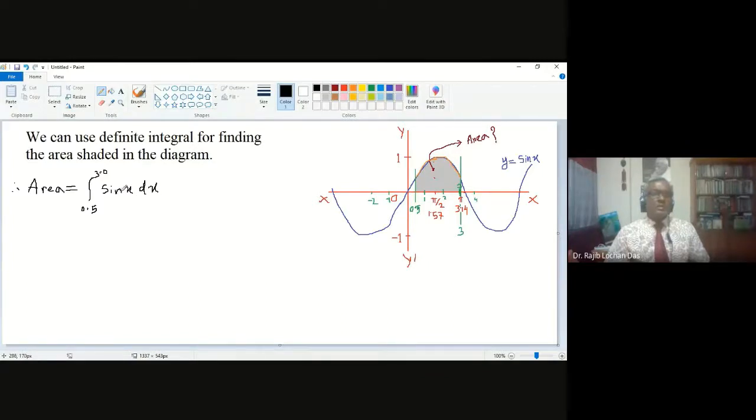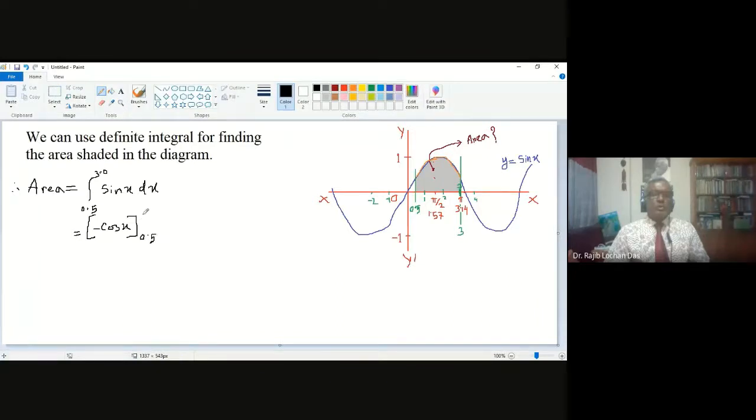That is finished, very simple. The integration of sin x is minus cos x, and the constant c is not necessary here.